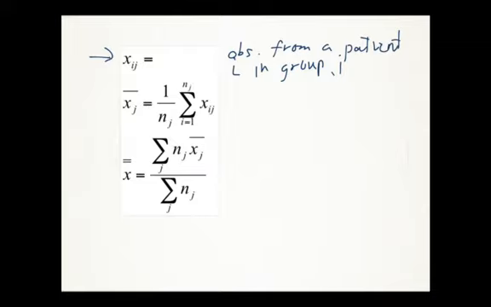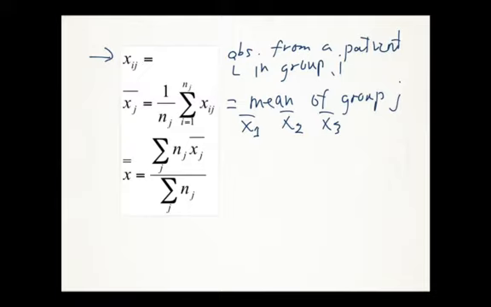Next, we have x bar sub j. Okay, and what is this? This is the mean of group j. Remember now we have several groups. In our example we had 4 groups, and so we would have x bar sub 1, the mean in the healthy controls, x bar sub 2, the mean in the benign MS patients, x bar sub 3, the mean in the secondary progressive MS patients, and x bar sub 4, the mean in the primary progressive MS patients.